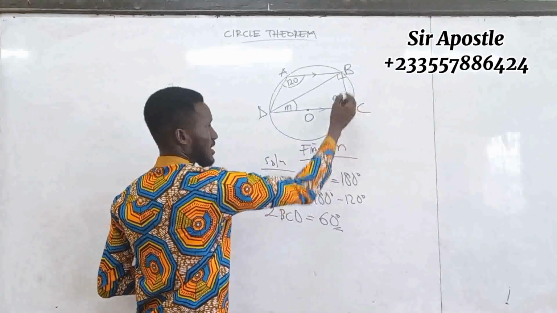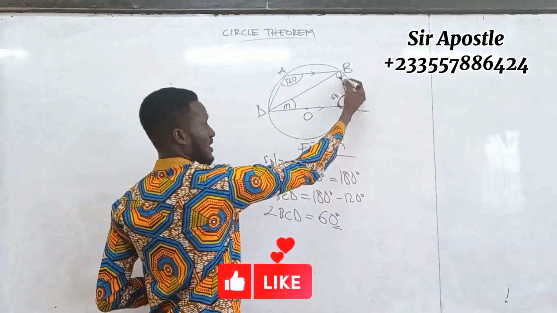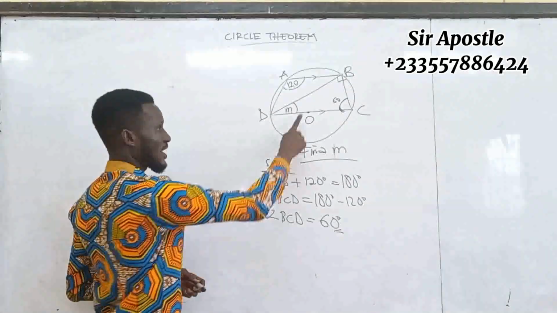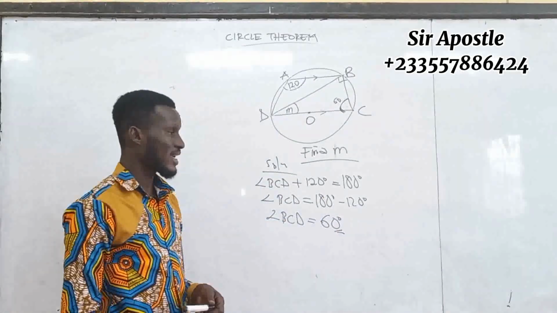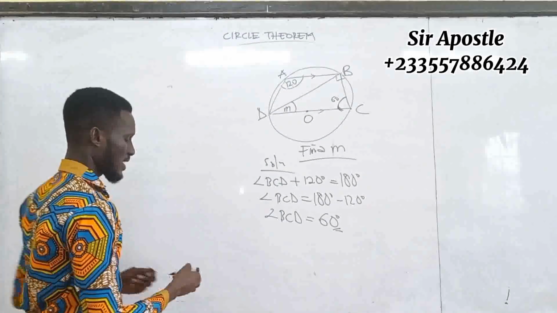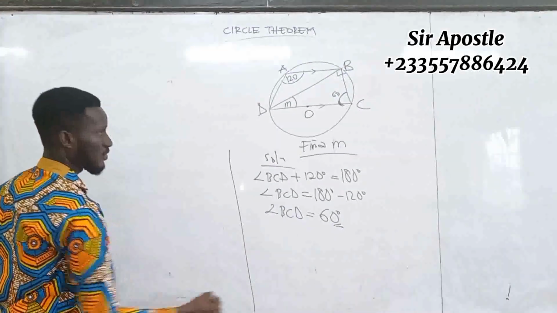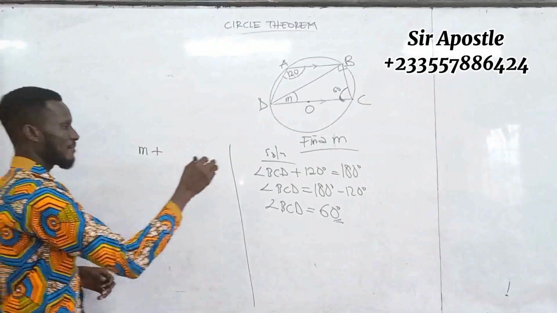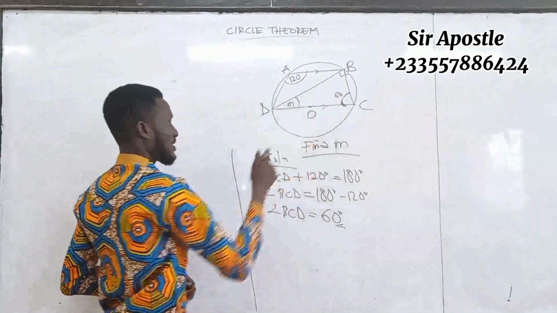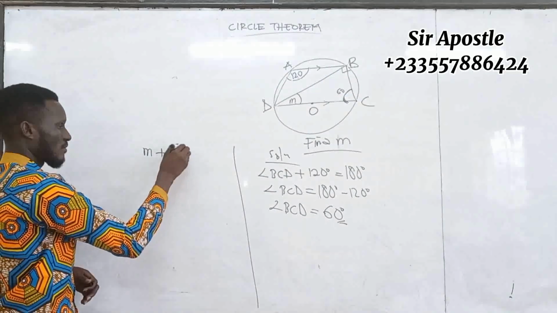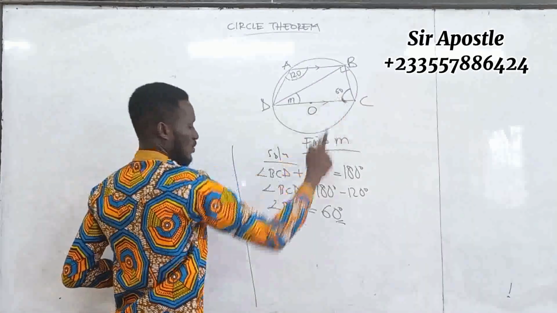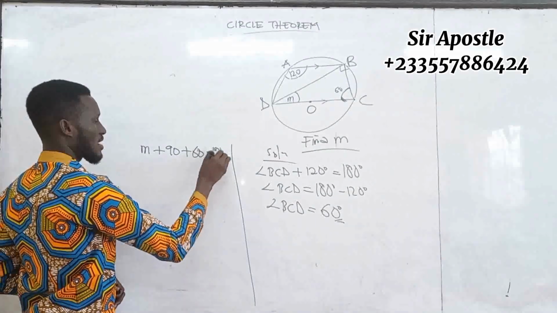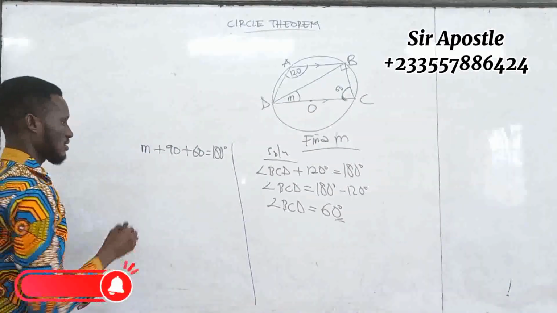This one forms a triangle. So 60 plus here, which is 90 per our diameter rule, plus the m is supposed to give us 180 degrees. Yes. So we can add it so that we can get a value for m. So we can say our m plus here, which is 90, plus here, which is now 60, is supposed to give us 180 degrees.